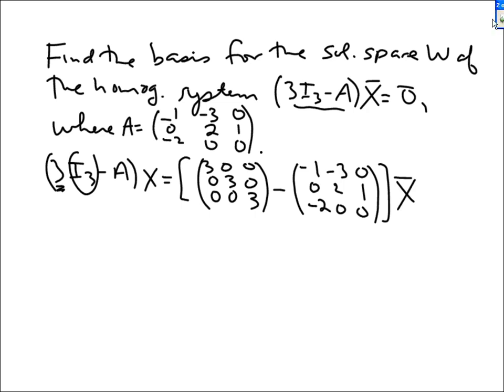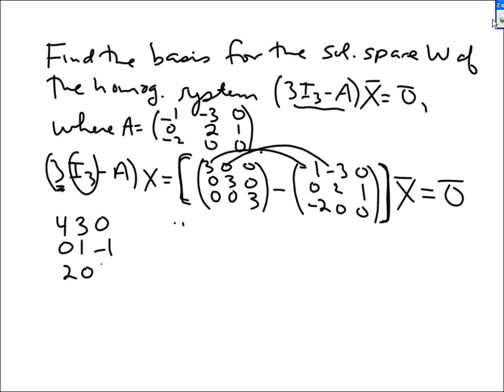And this gets multiplied by column vector X, and it equals a 0 vector. Okay. But what is in these big brackets? 3 take away -1 is 4. 0 take away -3 is 3. 0 take away 0 is 0. Get 4, 3, 0. 0, 1, -1, 2, 0, 3.